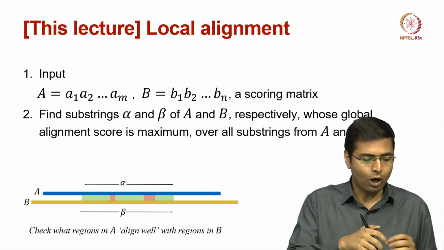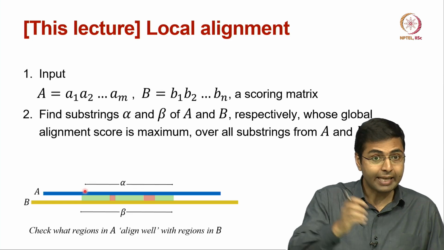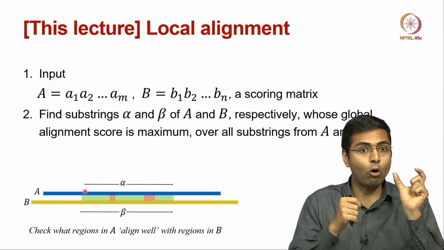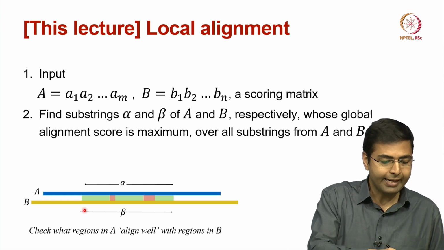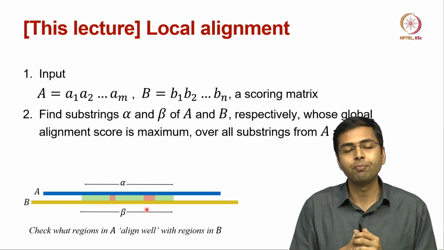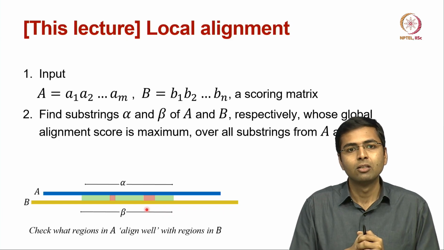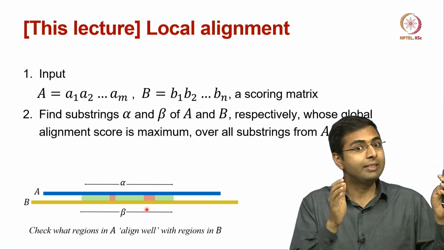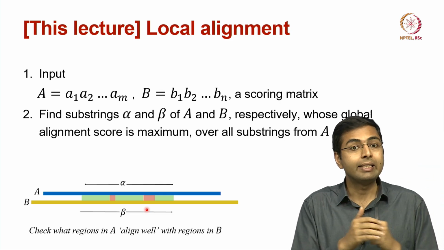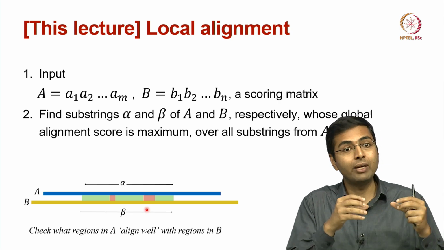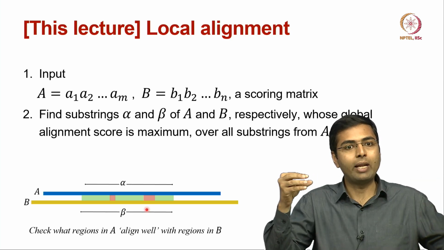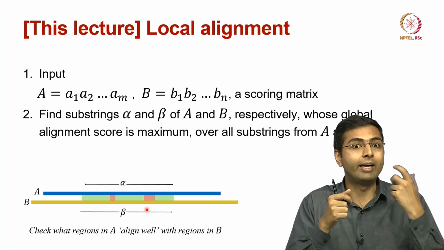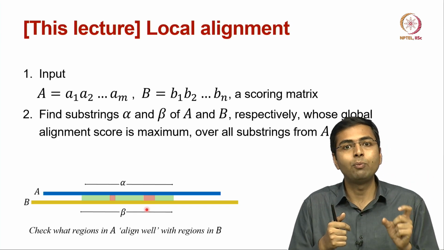And the rationale is that now we want to look for regions inside A. So, given a very long sequence, we want to look for a small region inside A that aligns with a small region inside B. This is why it is called local alignment, because we are looking for local similarity between sequence A and sequence B. In this case, for example, we may not expect the entire sequence A to align well to the entire sequence B, but maybe there are some local similarity patterns that we want to identify, and that is what this formulation will give us.